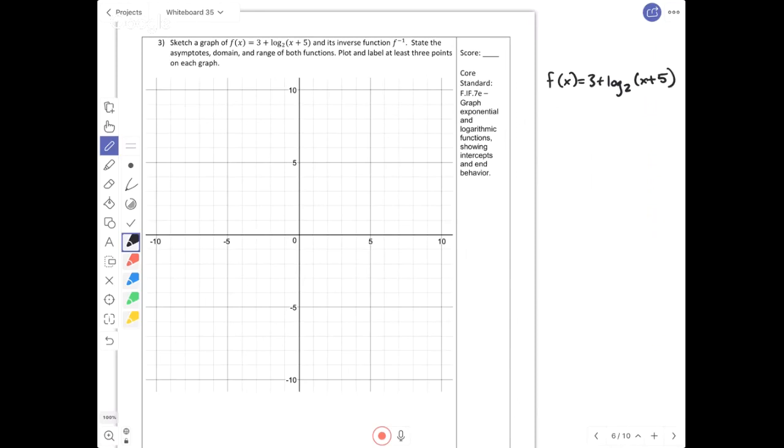And the inverse function, well, I'm going to do some side work. If a equals 3 plus log base 2 of b plus 5, I'll need to solve for b. So a minus 3 will equal log base 2 of b plus 5. And that means b plus 5 will equal 2 to the a minus 3 power. And b will equal 2 to the a minus 3 power minus 5.